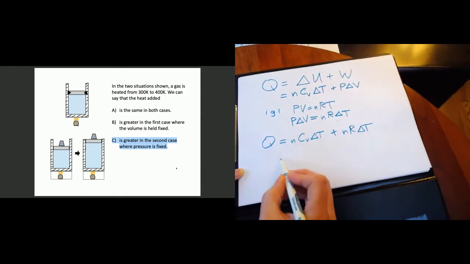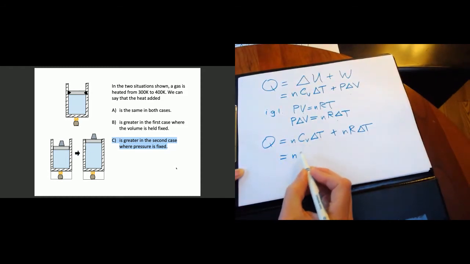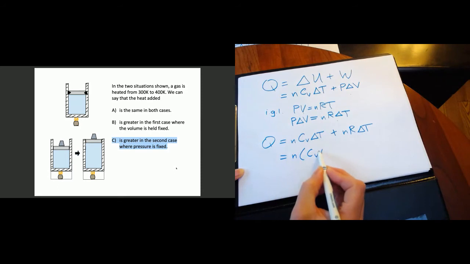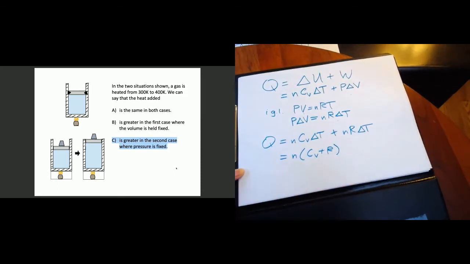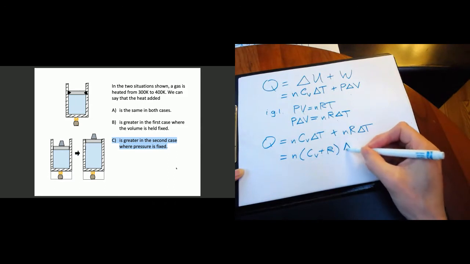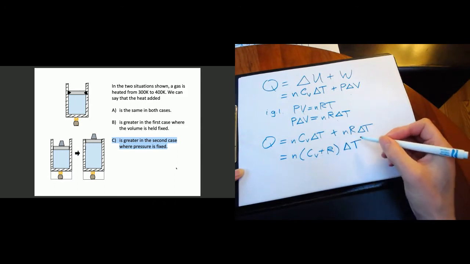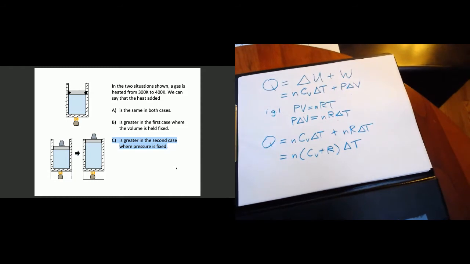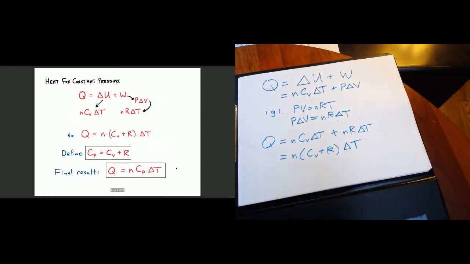And now we can combine the terms to see that the Q for a constant pressure is n times (CV plus R) times delta T. Okay, so that's what's showing on this slide.